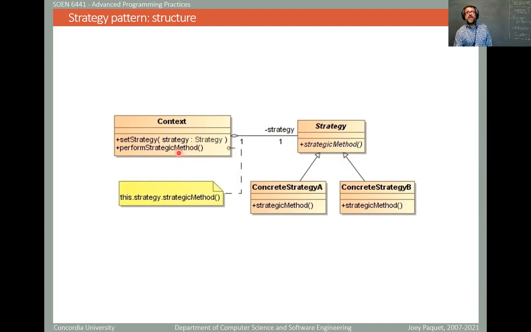This method is going to delegate its own behavior; in order to define its behavior, it's going to use the behavior that is defined inside of the strategy that it has adopted.